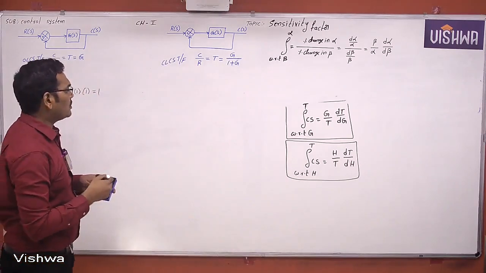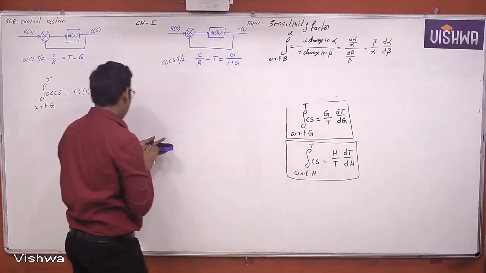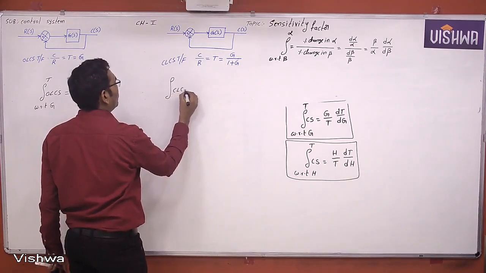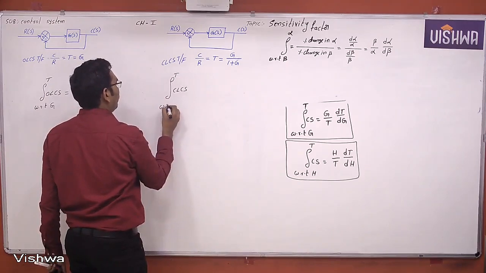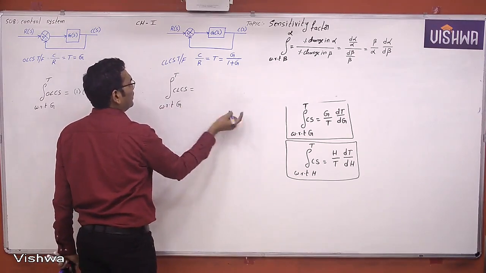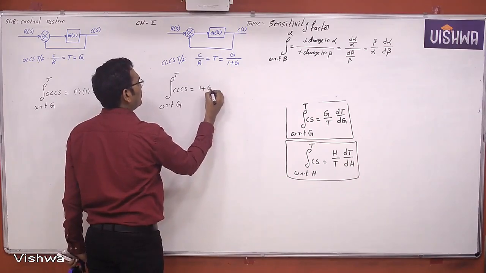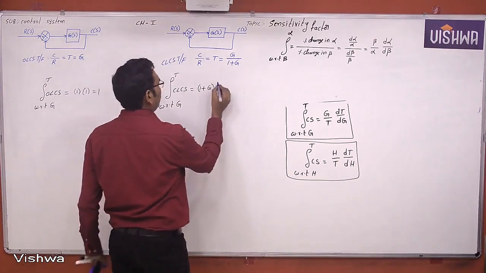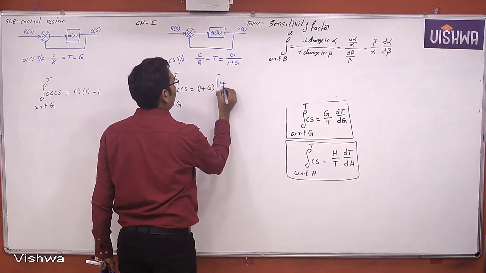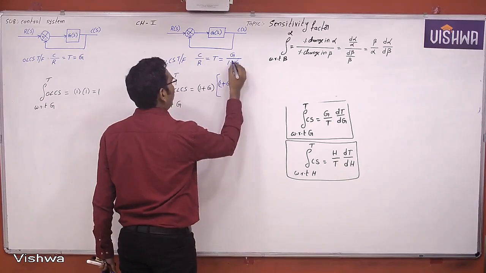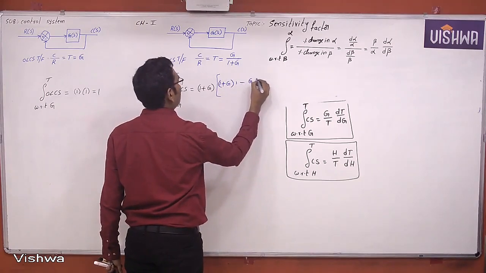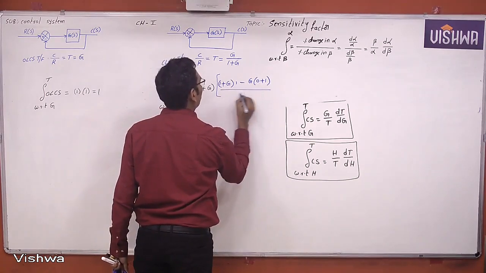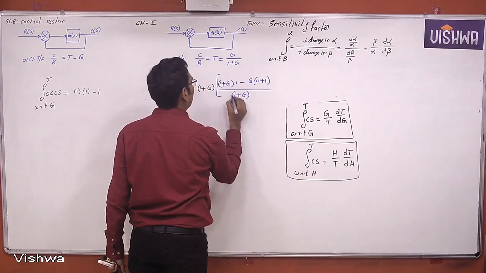Now the sensitivity of the closed loop control system transfer function with respect to forward path gain: G by T means 1 plus G, and the transfer function differentiated with respect to G. Here 1 plus G is constant, so the derivative is (1 plus G) minus G, since the derivative of 1 is 0, over 1 plus G whole square.